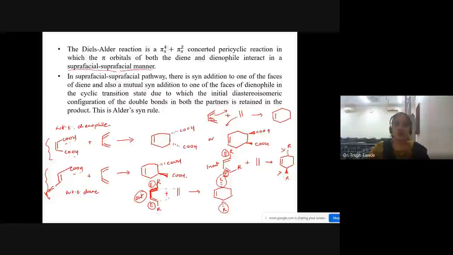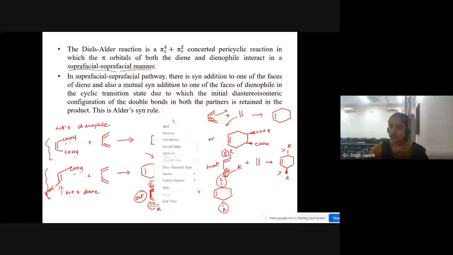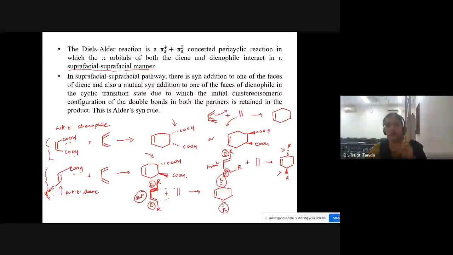ठीक है, so understand, अगर डाइनोफाइल के रिस्पेक्ट में अगर देख रहे हो, तो डाइनोफाइल के अगर सब्स्टिट्यूएंट सिस है तो प्रोडक्ट में भी वो सिस ही रहेंगे. If they are trans, the product may be trans rahenge. With respect to diene, if both have the same configuration, remember, then the similar configuration will be found in the product also.